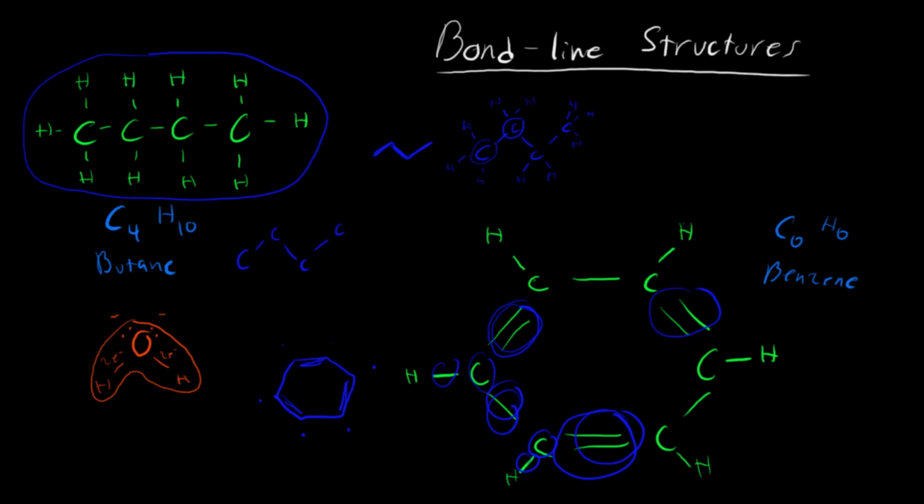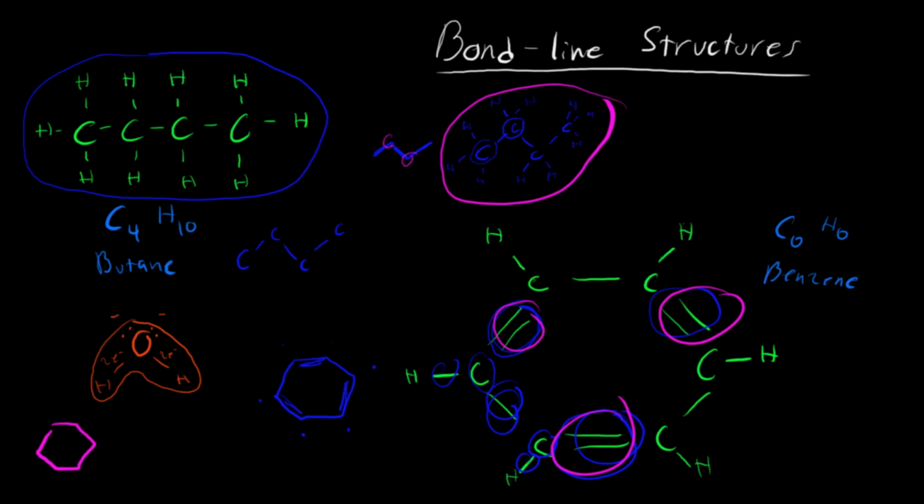Now, I want to see if we can take an actual compound, a bond line structure, and write it in a general form. So let's take this hexagon. What is it? Well, it's not benzene because it doesn't have these double bonds. So if we look back at this and see that at each one of the vertices there's a carbon atom, we can then assume that at each one of these vertices there's another carbon atom.